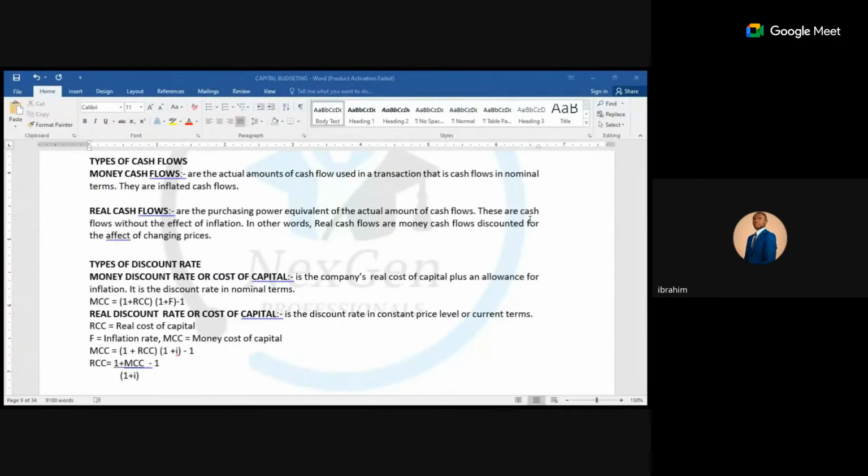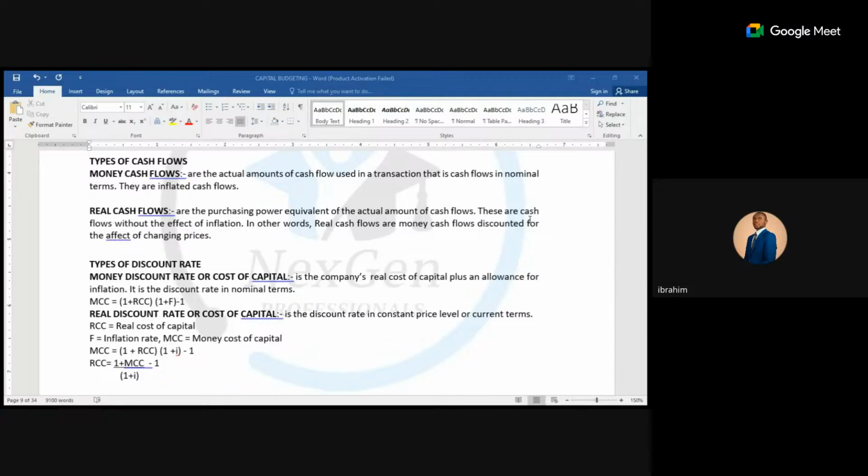Money cash flow, or nominal cash flow, means that the cash flow has been inflated. Inflation has been considered because they have already been inflated.